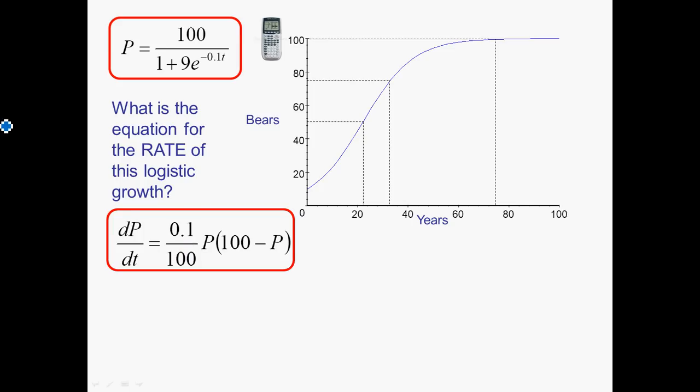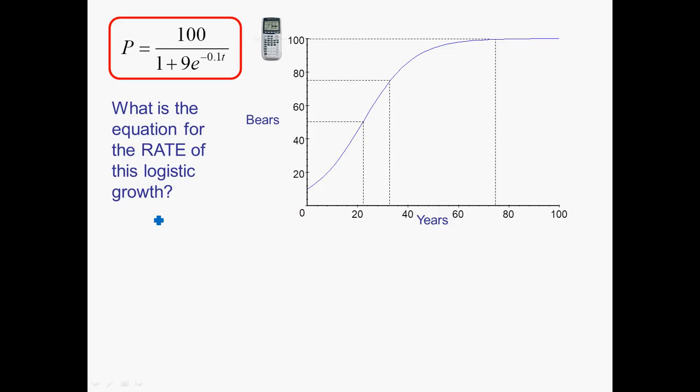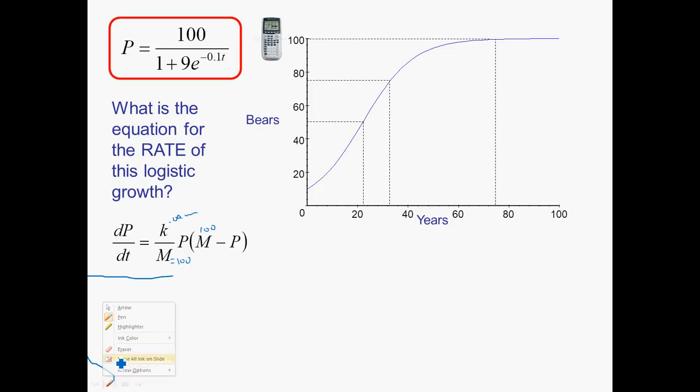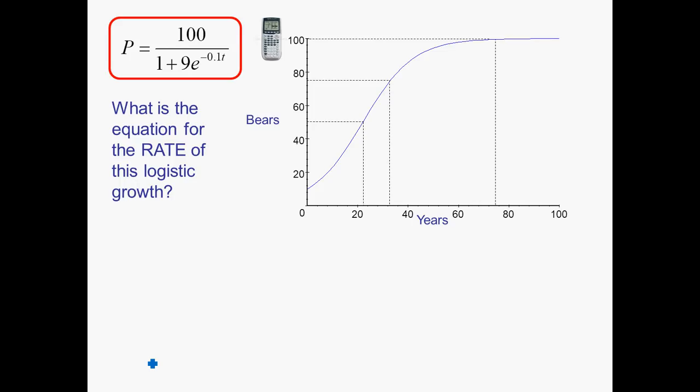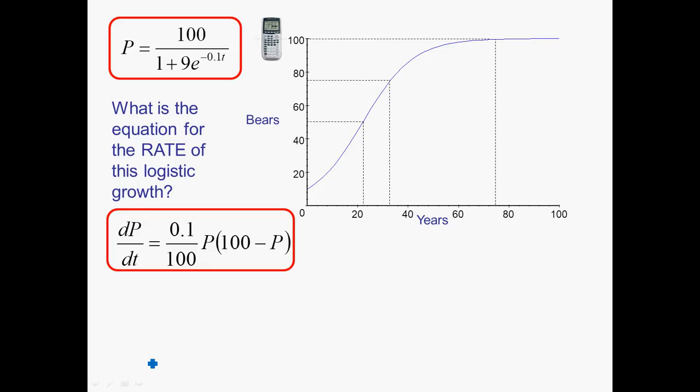My K was actually 0.09 something over M, which is 100. That's where that comes from.